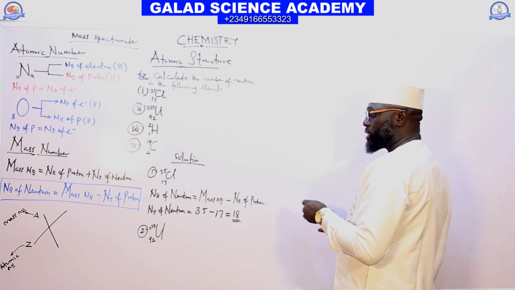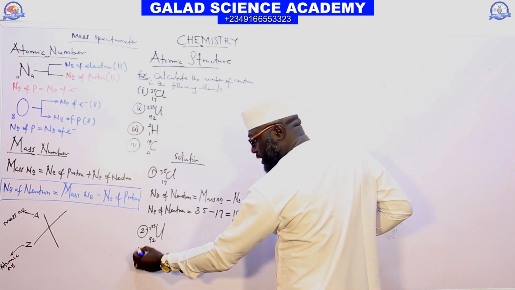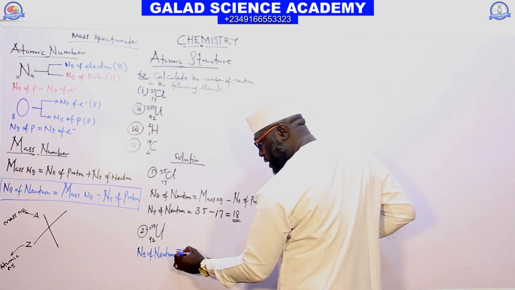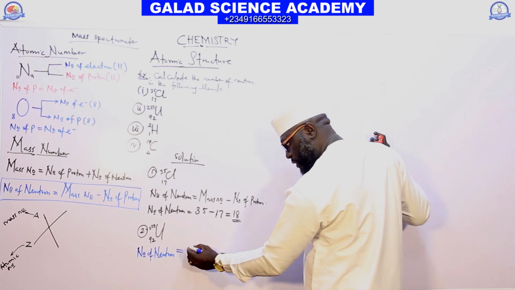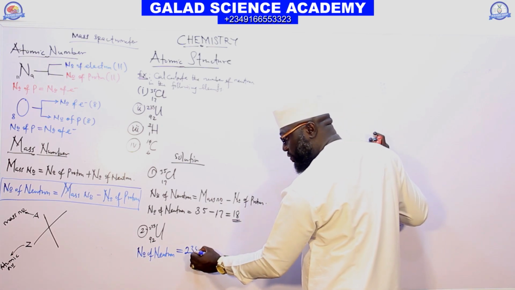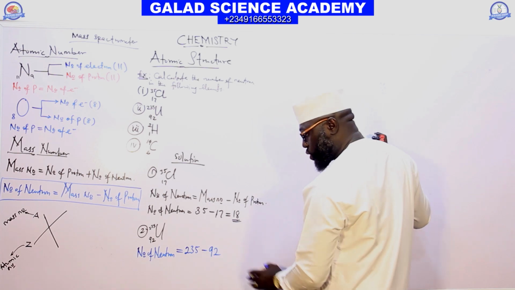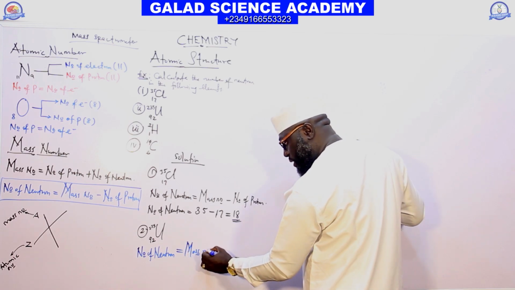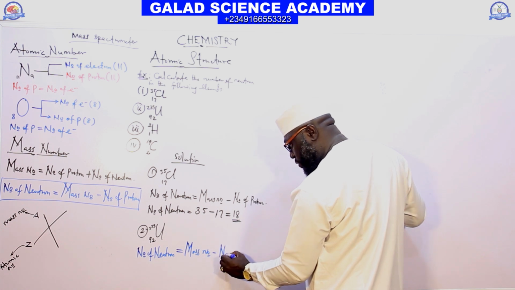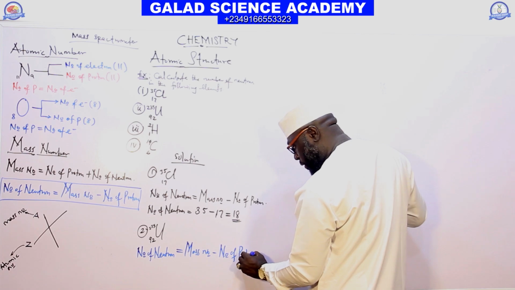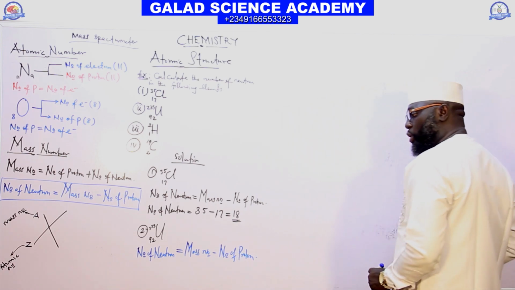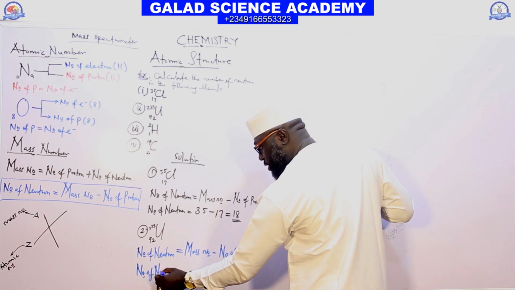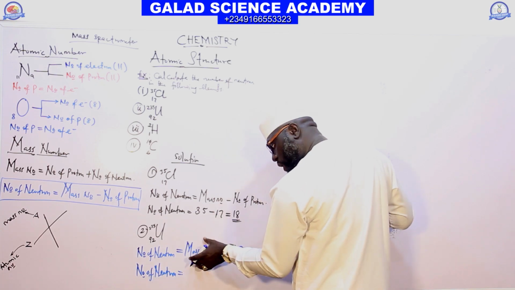The number of neutrons is equal to the mass number minus the number of protons.